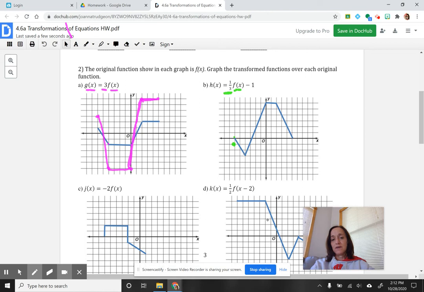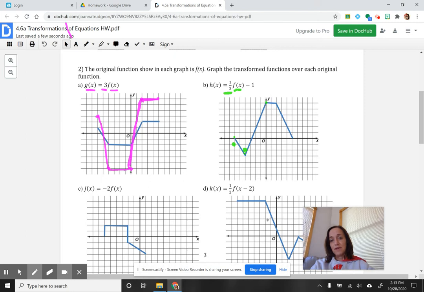This point right here is 3 away. 1/3 times 3 is 1. So you're right here, and then you go down 1 from there, you end up right there. This point up here is 6 away from the x-axis.